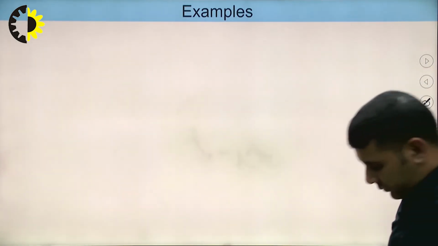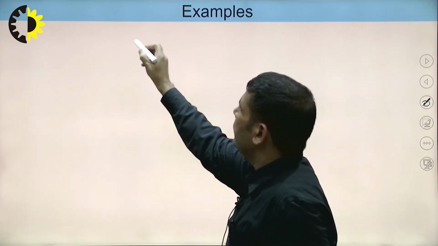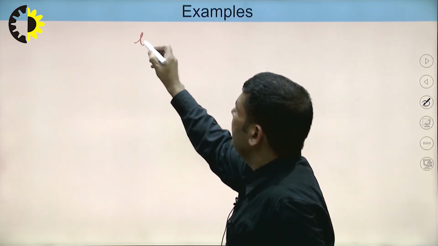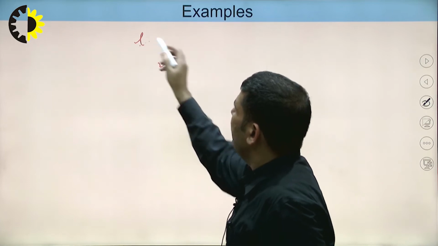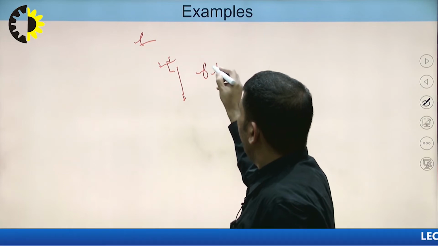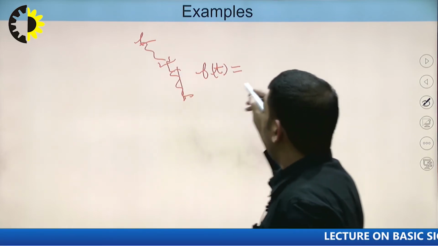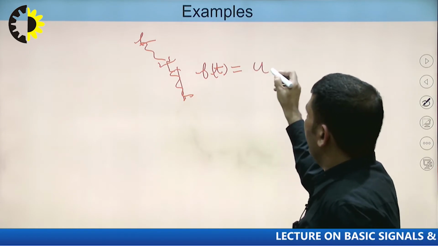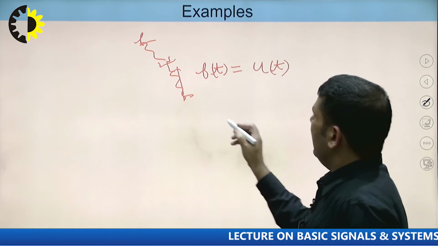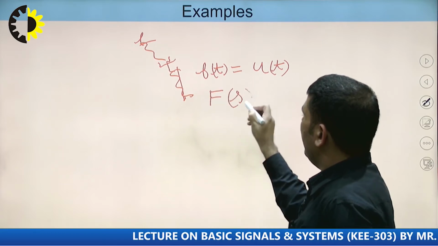So let us discuss one example. Suppose you have the function ft. ft is equal to ut, the unit step function, and the question is to find out Fs, that is the Laplace transform.